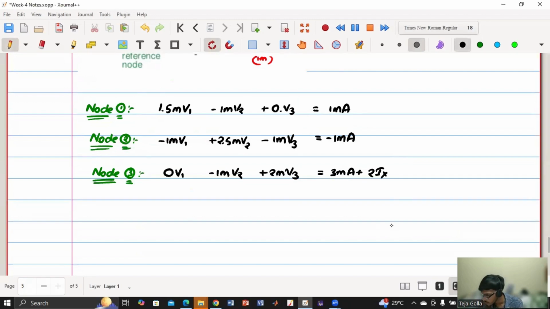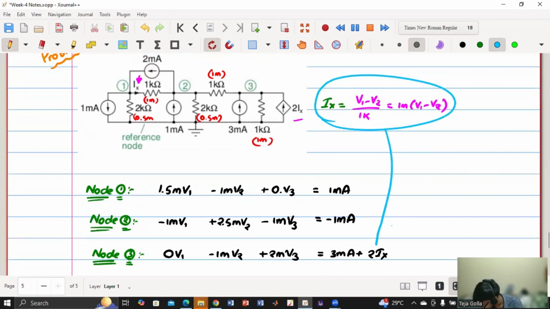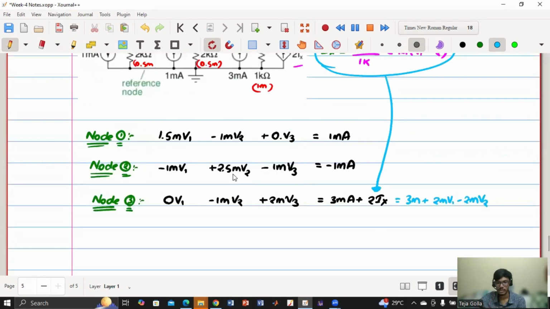So basically we are just substituting Ix in this expression. Then we'll be getting 3 milli plus 2 milli V1 minus 2 milli V2, right? 2 milli V1 minus 2 milli V2. Agree?